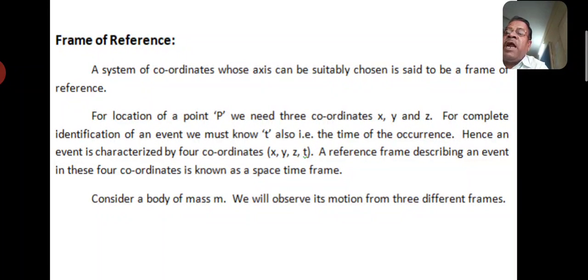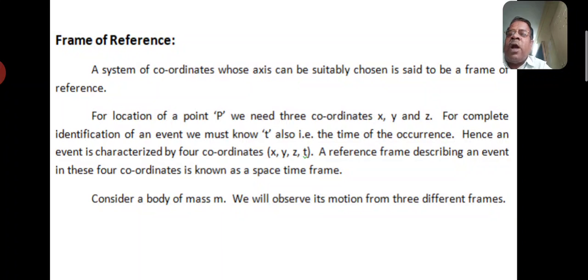For complete identification of an event, we must know time also, therefore t, the time of occurrence. Hence, an event is characterized by four coordinates x, y, z, t. A reference frame describing an event in these four coordinates is known as a space-time frame.